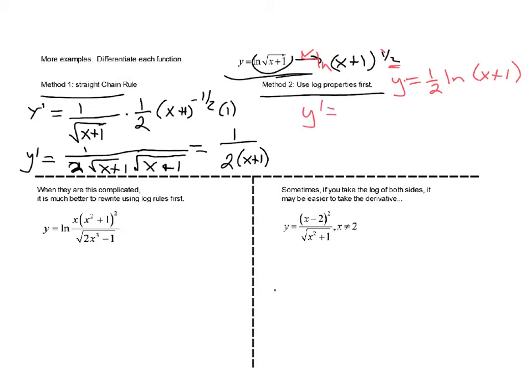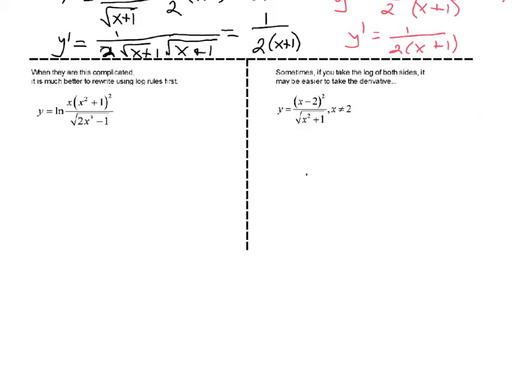This way I get 1/2, because you don't have to do anything with the coefficients, times 1 over x plus 1 times the derivative inside, which is 1. You notice how much easier it is to get the derivative there? The top is 1 and the bottom is 2 times x plus 1. It's so much easier than using the chain rule. Using log properties first makes your life easier.